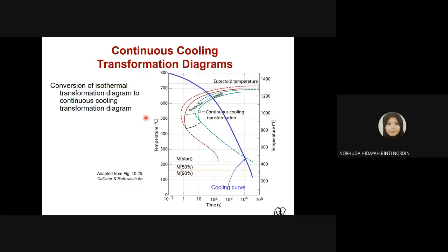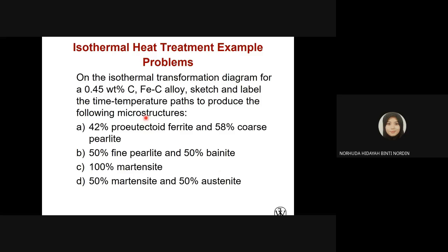What is this? Okay, this is an example. I think in your exam, basically they ask you to predict what the phase will be if we give you a process like this.